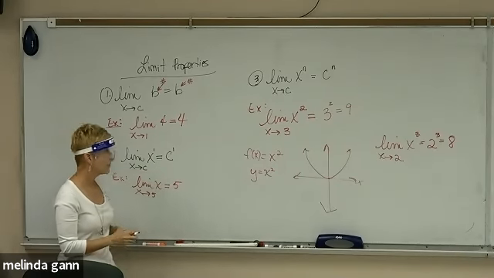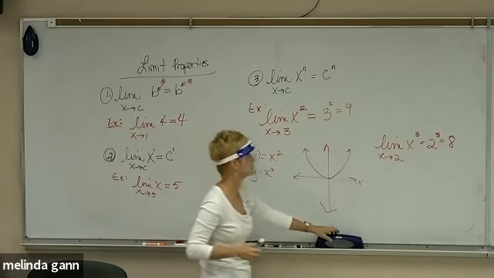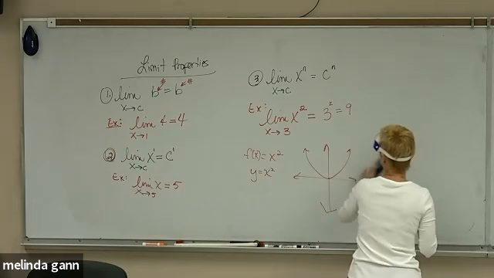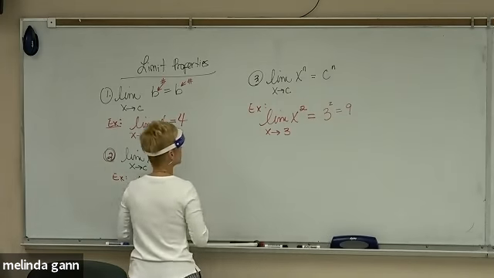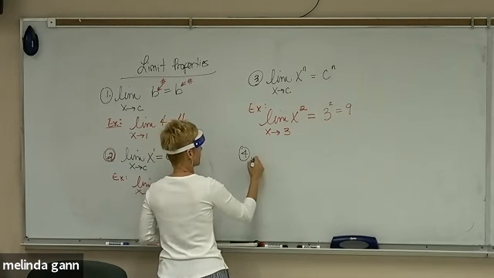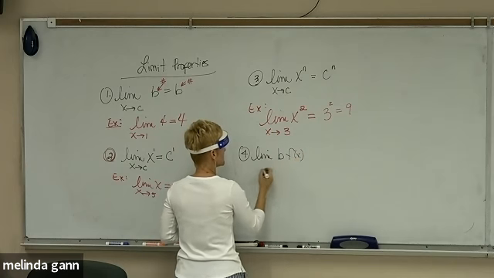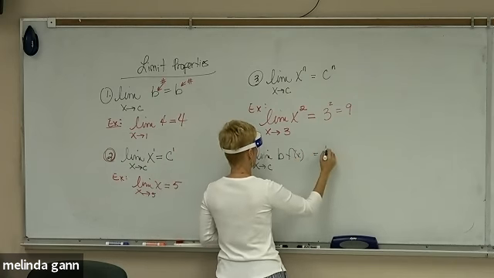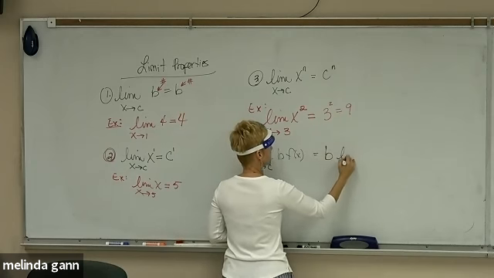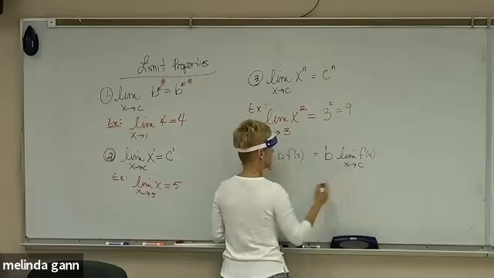Now, there are a couple of others that come in pretty handy, and here's one of them. The limit of b times f of x as x approaches c is b times the limit of f of x as x approaches c.